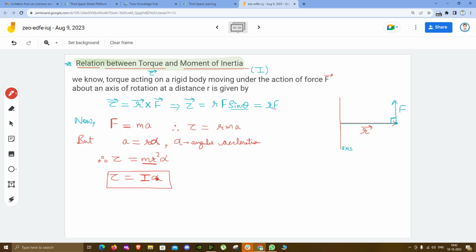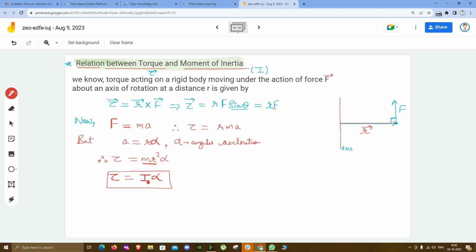Here the angular acceleration plays an important role. If you multiply it with the moment of inertia, it will give you the value of torque. We know that torque is the rotational analogue of force.